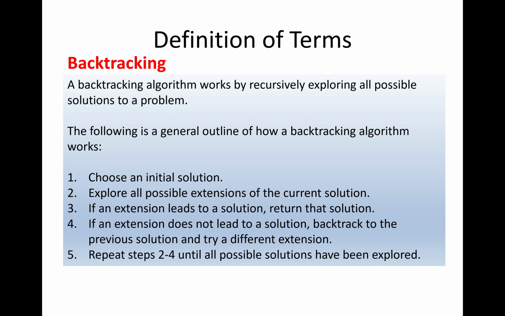Explore all possible extensions of the current solution. 3. If an extension leads to a solution, return that solution. 4. If an extension does not lead to a solution, backtrack to the previous solution and try a different extension. 5. Repeat steps 2 to 4 until all possible solutions have been explored.